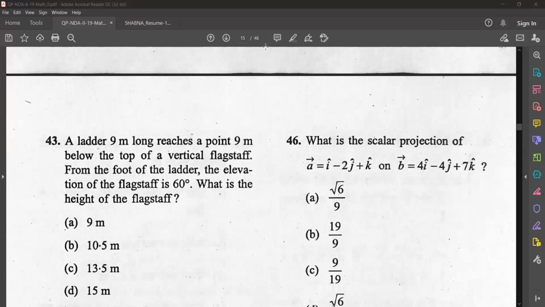So I'm just showing this question on the whiteboard. So our figure was, there is a ladder, isn't it? 9. So I marked here 9. This is 9 meters below the top of the flag staff.